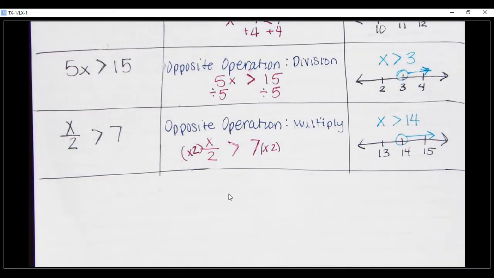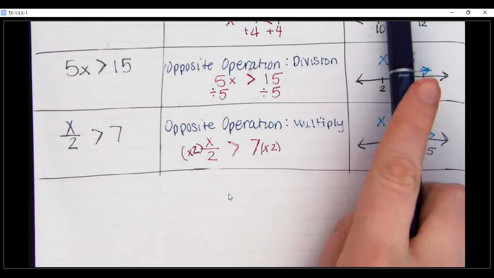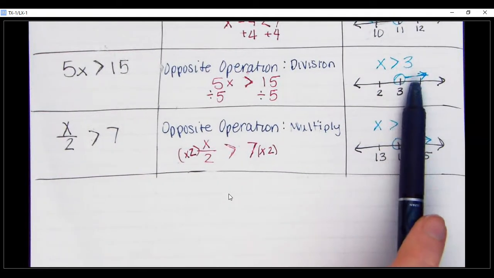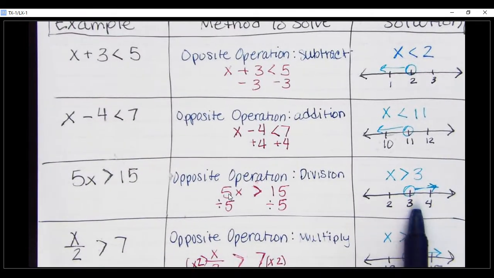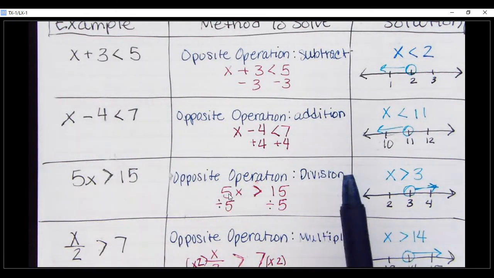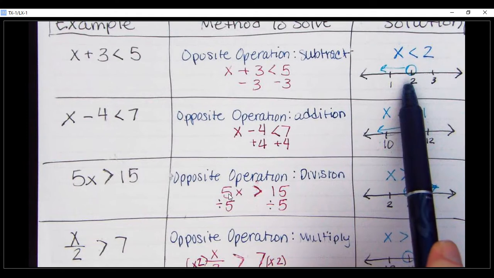One thing that I want to make sure that I said and you understood is that this open circle on the number lines means that we cannot include that number to make this true. So for example, our number 2.